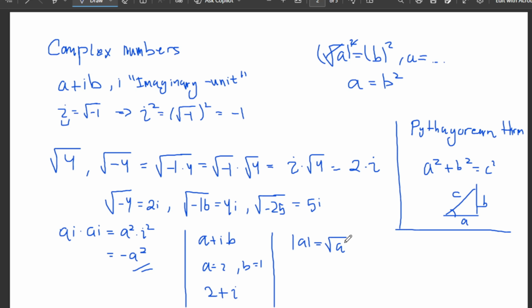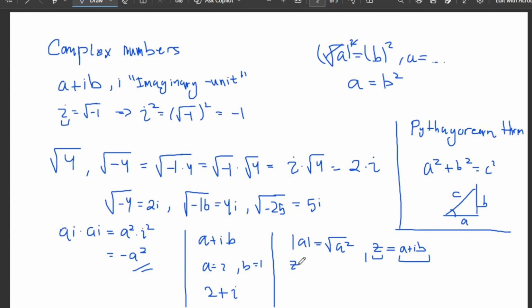The modulus of 2 plus i, let's call a complex number Z. So Z equals a plus ib. This is just to replace this term because it is quite long, so I'm going to make it into a Z.